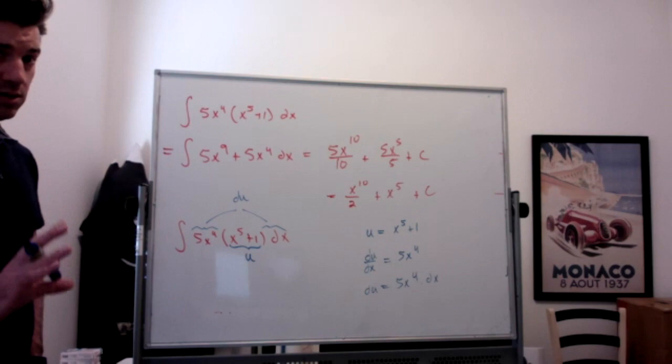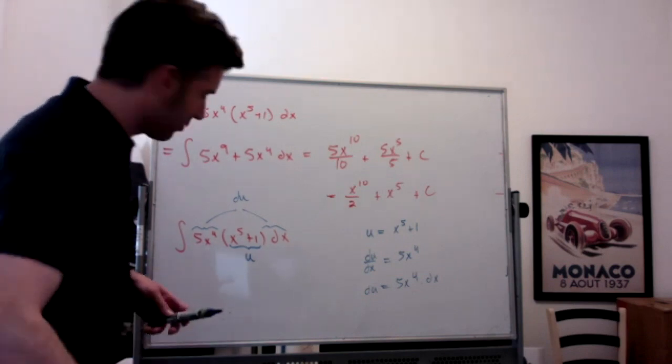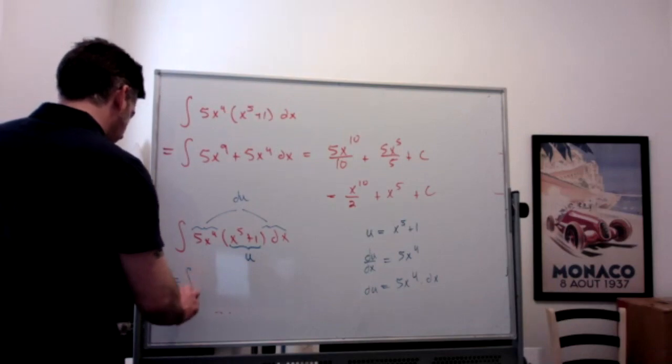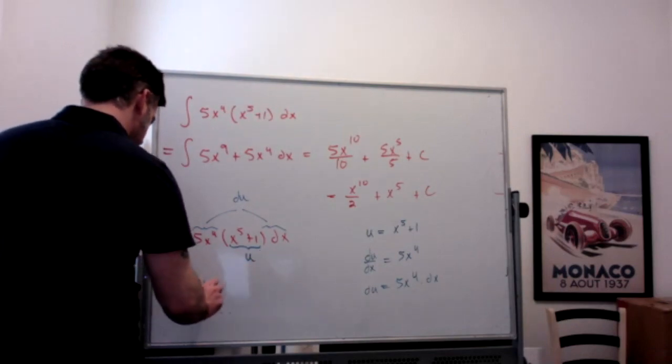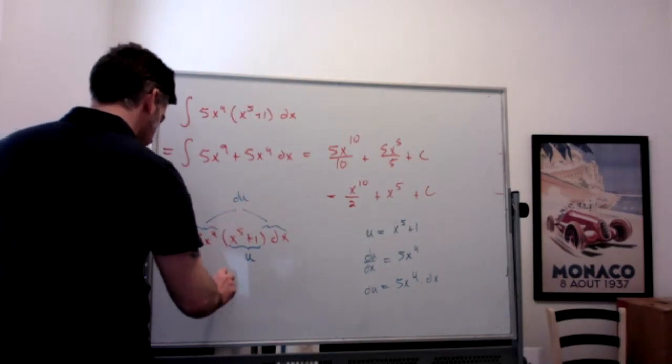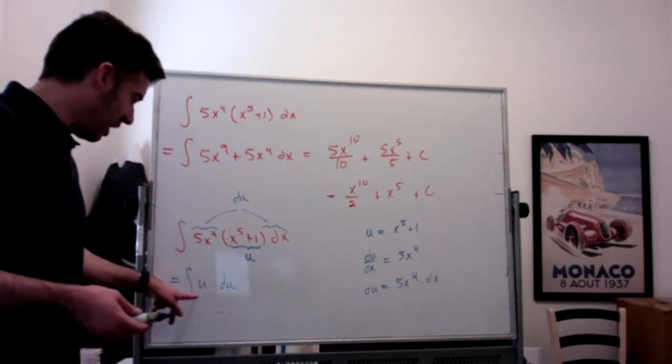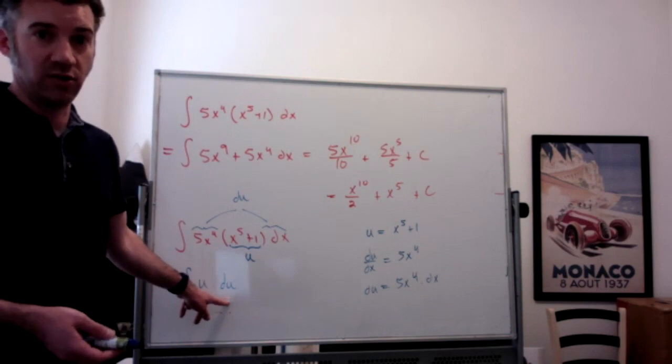So look what we're going to do. We're going to rewrite this integral as the integral of u times du. So we're integrating the variable u with respect to the variable u.